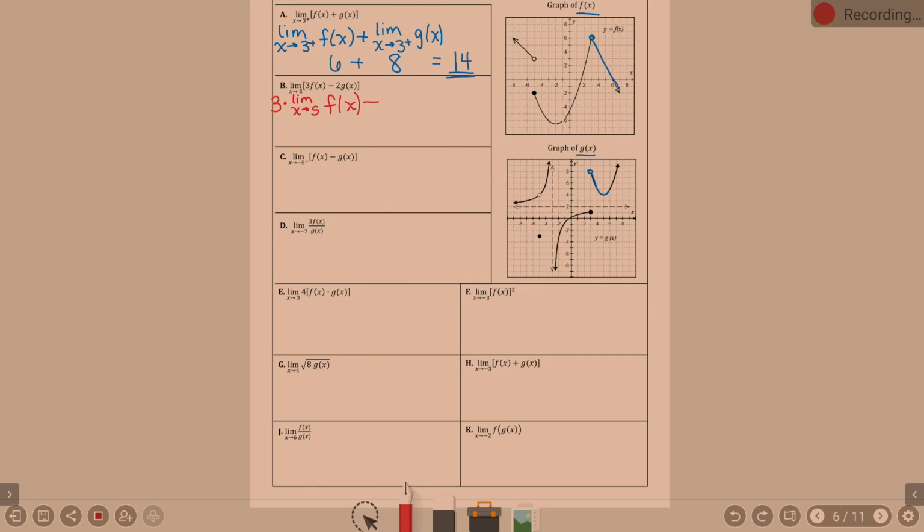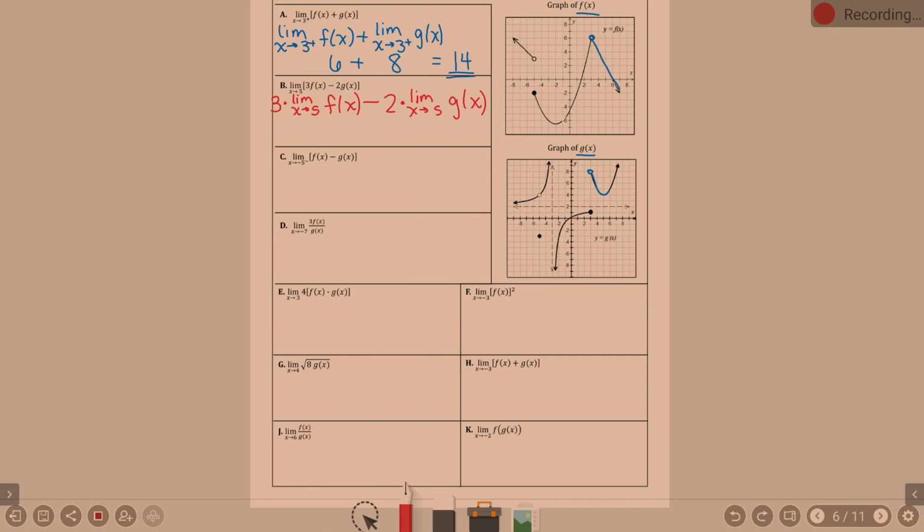That's the first part. Minus, I can take the 2 out front on the second part, 2 times the limit as x approaches 5 of g of x. That's using the sum and difference rule, but also the coefficient rule, where you can take a constant out front.